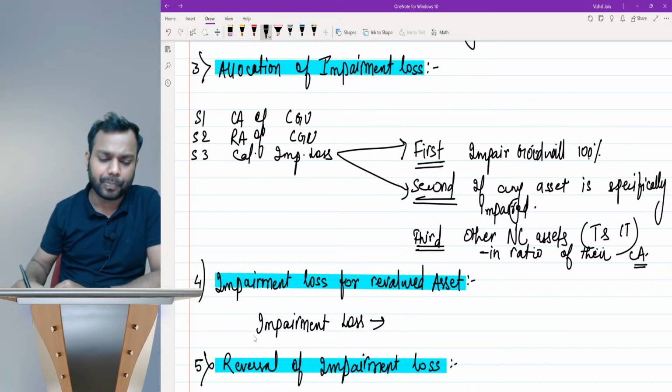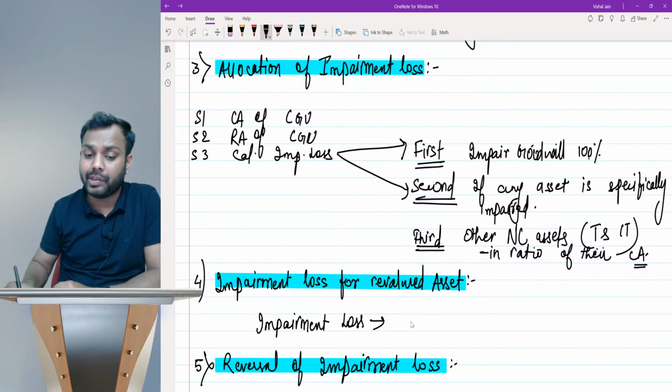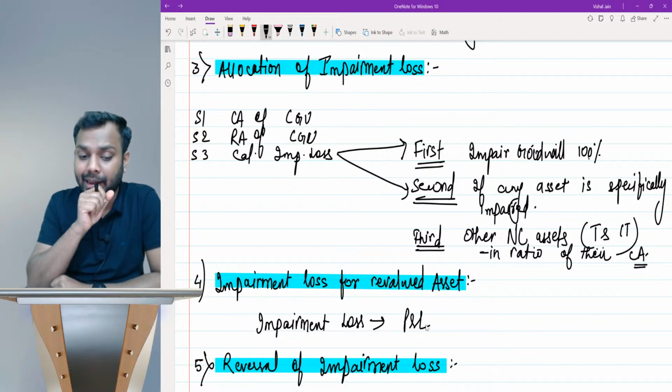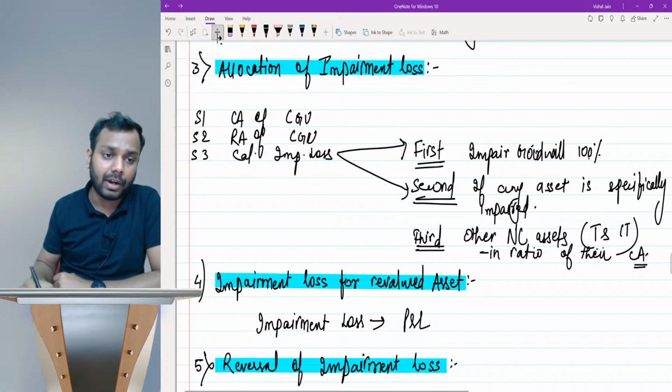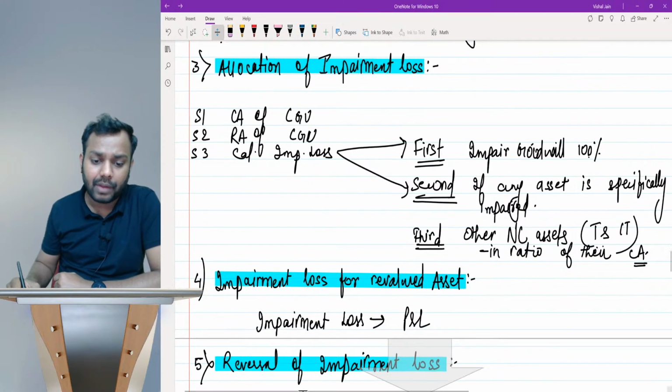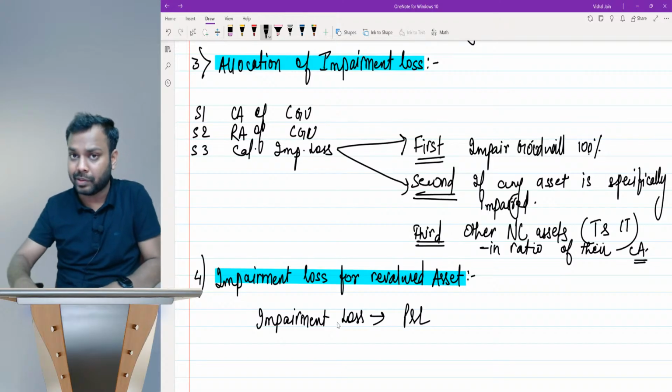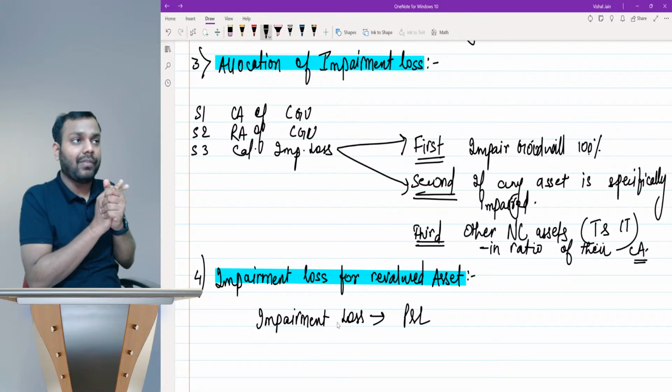So now impairment loss is recognized in P and L, right? Impairment loss is recognized in P and L. Now, but what will happen if the asset is under the revaluation model? What happens when we have an asset under the revaluation model?